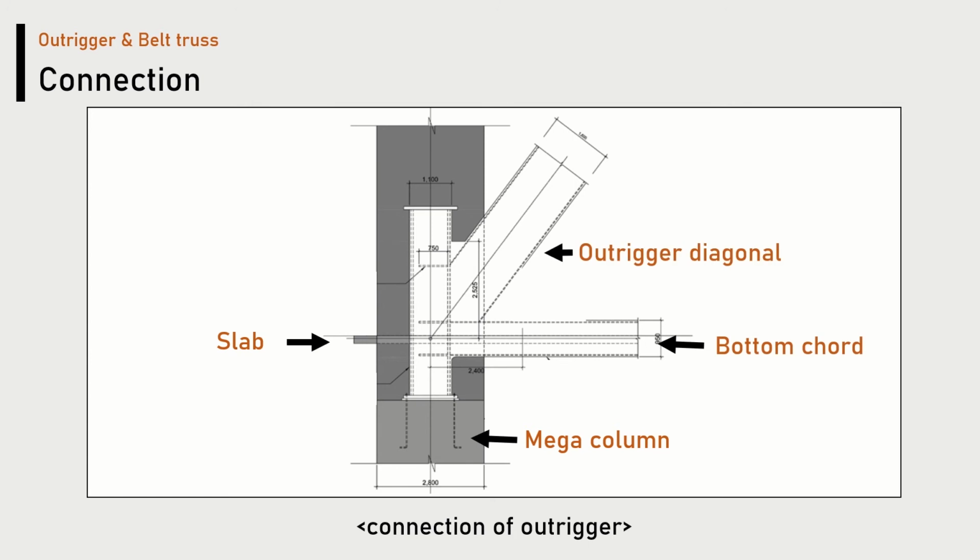For the design of the connections between the outrigger members and the mega columns, it was intended that an outrigger diagonal member and a horizontal member be connected at a column embedded connecting post, as shown in the slides.